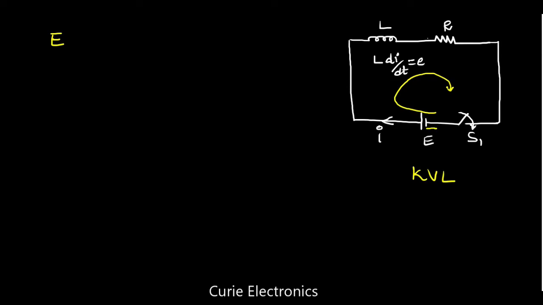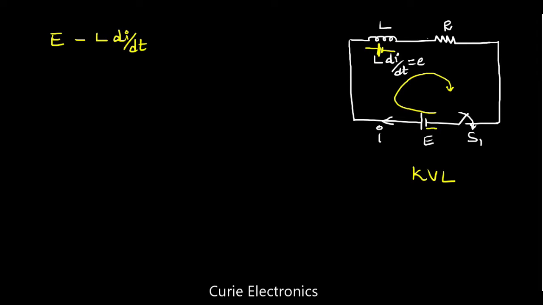The inductor current opposes the current produced by the battery, or E. Current flows from higher potential to lower potential, so if you replace the inductor with a potential source, it has to be oriented like this. So it is minus L di by dt. Only then will the induced current oppose the circuit current I.